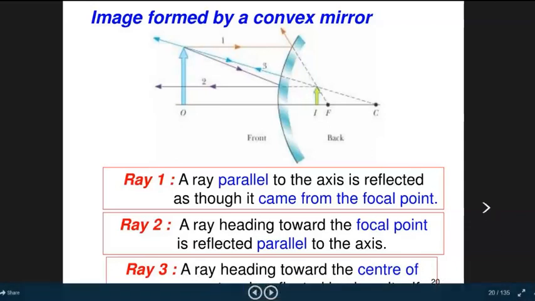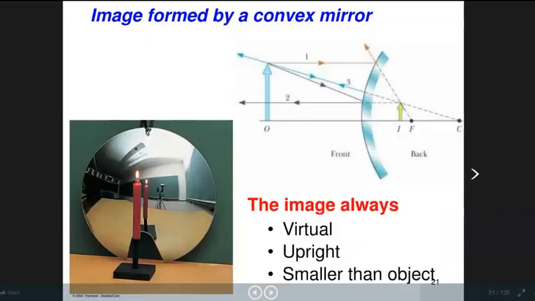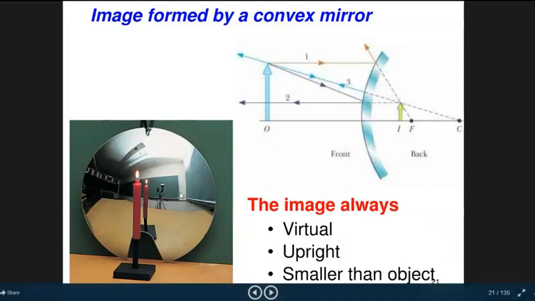So these are the ray diagrams for the image formation by the convex mirror. Now here real situation of convex mirror is, you see here, this is the convex mirror, and you place here a candle as an object, and you will see that image of this candle is smaller in comparison to this.